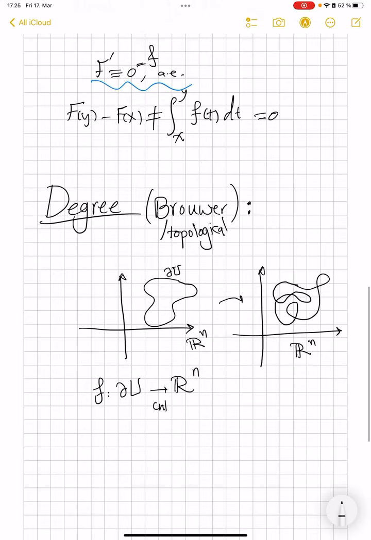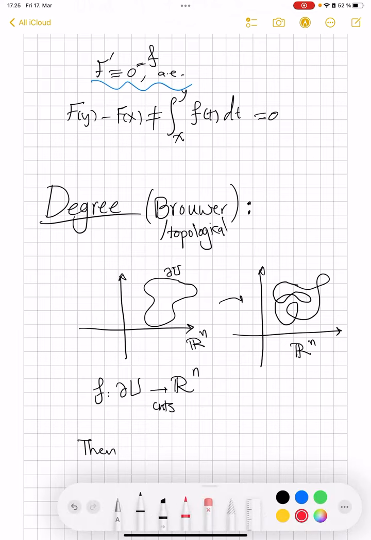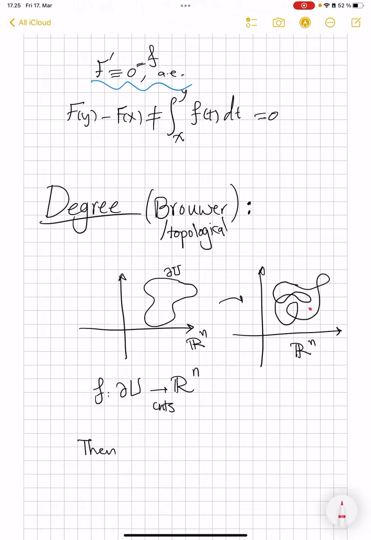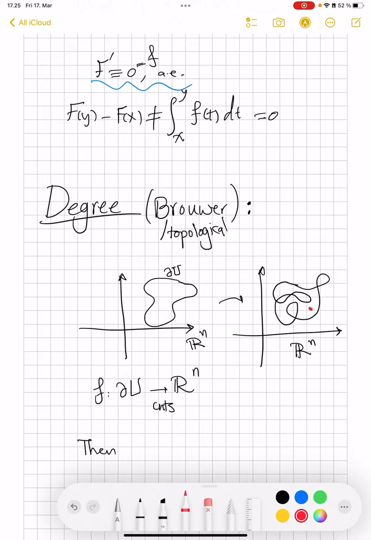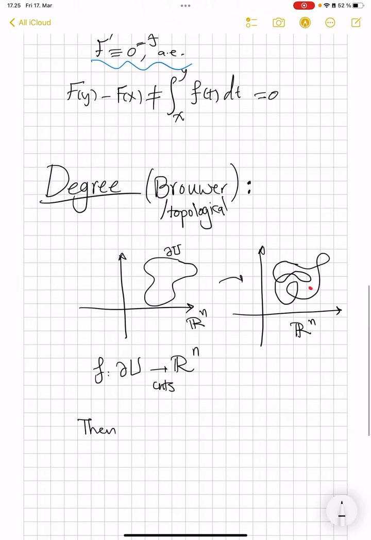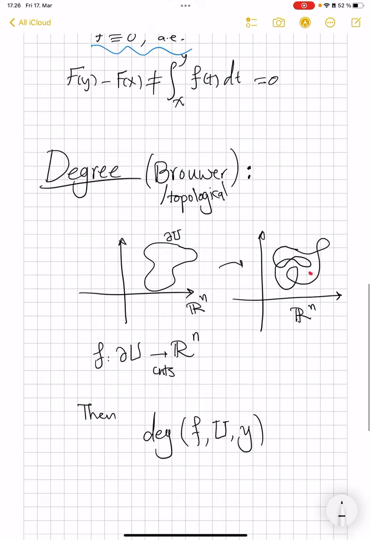If you have a continuous function, then to every point outside this image of the boundary, you assign a number. So you have the degree of f with respect to this open set U at the value y, which is some number. So you define it. How you define it is part of the puzzle.